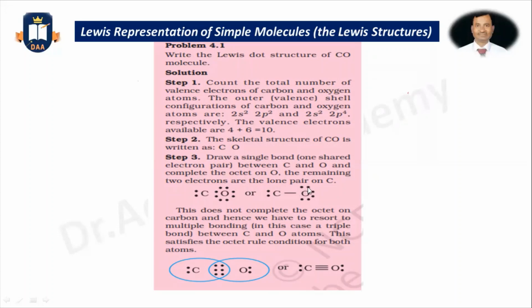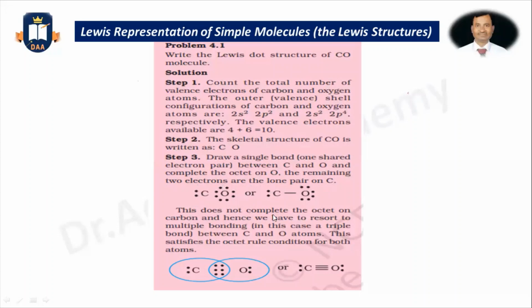How much? 1, 2, 3, 4, 5, 6, and this pair of electrons is also shared by the oxygen, so it is a total of 8 electrons to form the octet for the oxygen atom. And these 2 electrons are the lone pair on the C.